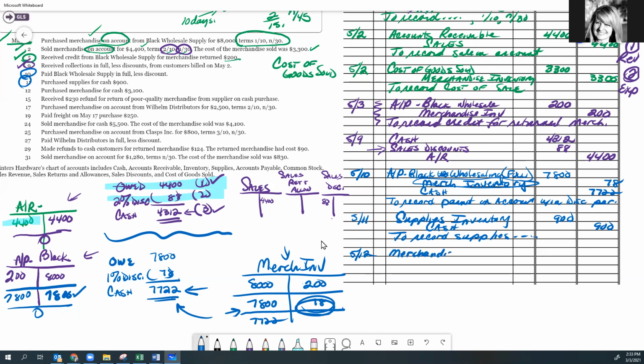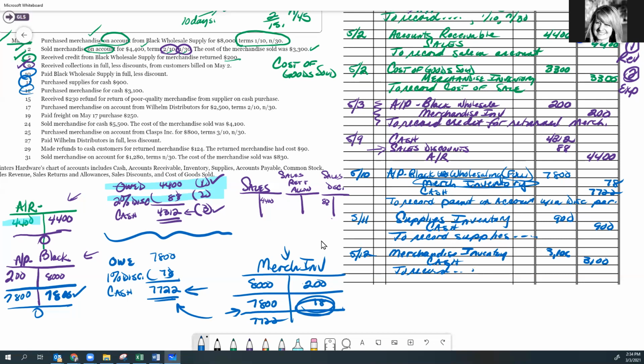We're going to debit it and make it go up 3,100. And we used our cash. So we're going to credit cash, make it go down. That's how we make assets go down to record purchase of merchandise inventory for cash. So this was not on account. Had it been on account, we would have credited accounts payable. All right, we're done with that one.